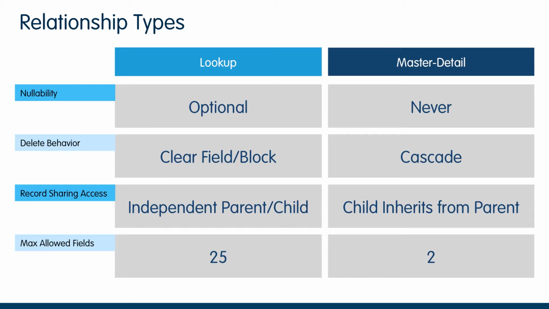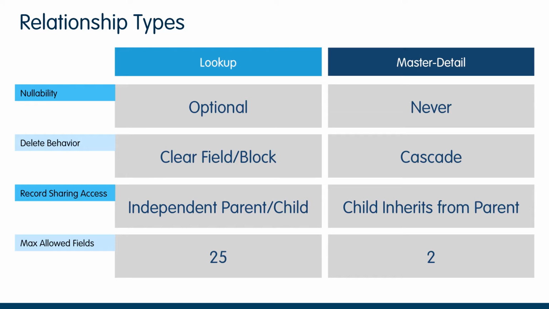But in lookups, they can be completely independent, so you may be able to see the parent record and not any of the children, or vice versa. There's also quite a strict restriction on the number of master detail relationships. In practice, I've never really found a need in any of the work that I've done for more than two, and we might see that a little bit later on, whereas lookups you can have plenty of.